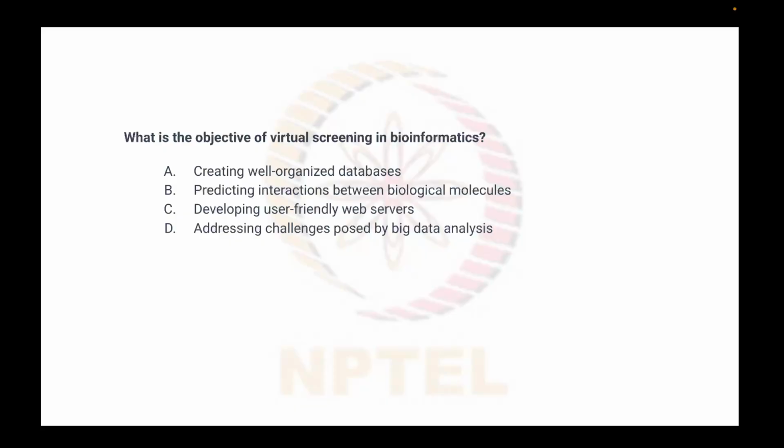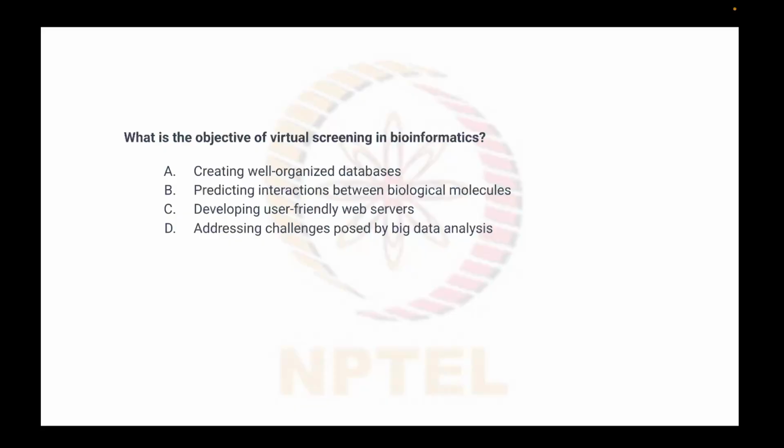Excuse me, sir. What is the meaning of virtual screening? Yes, virtual screening is mostly employed in drug discovery. It is a potential way to predict the binding of n number of small molecules to a biological molecule, like how proteins and small molecules bind.